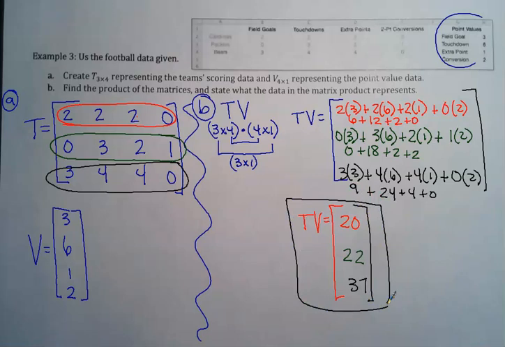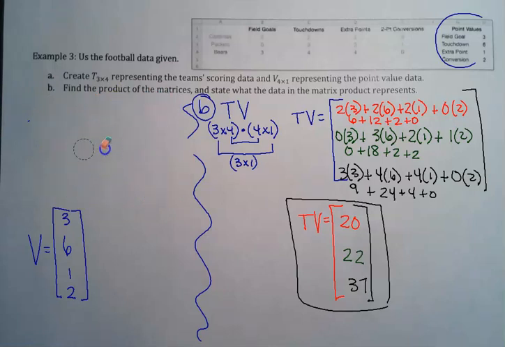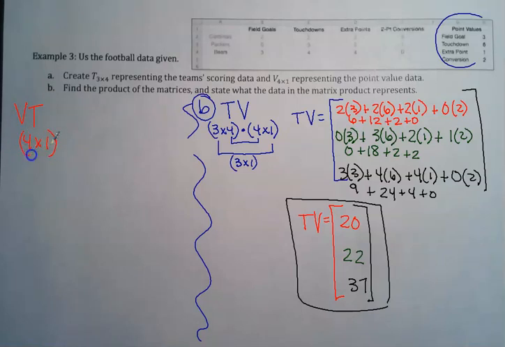I said we'd do VT next. I'm going to have to erase here so we can look at VT, the product of VT. So V is the 4 by 1 times T, which is a 3 by 4.